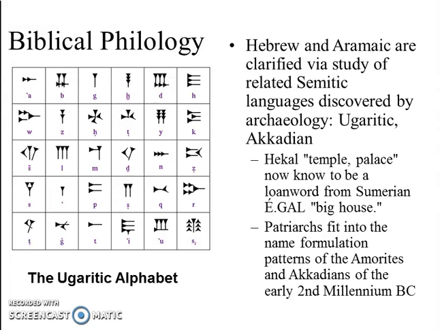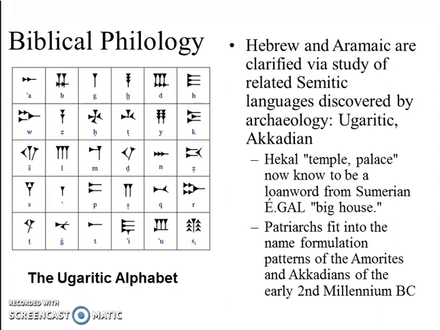But the Hebrew word for temple is Hekal, which is derived from that. And so in Sumerian, Egal means big house, which both palaces and temples were.